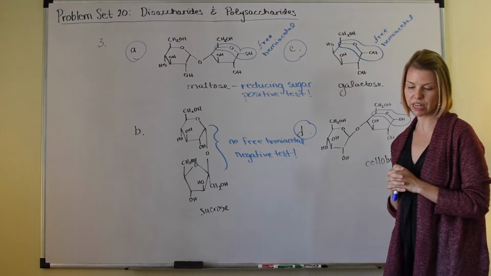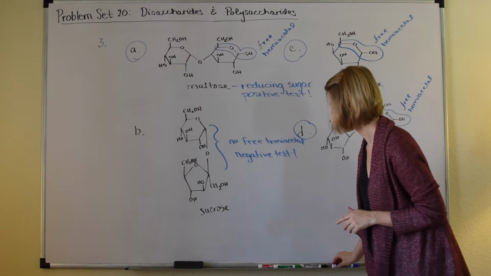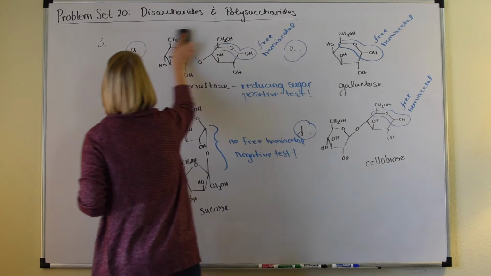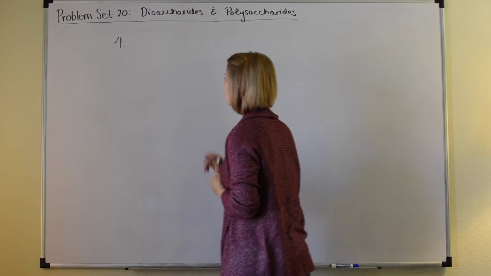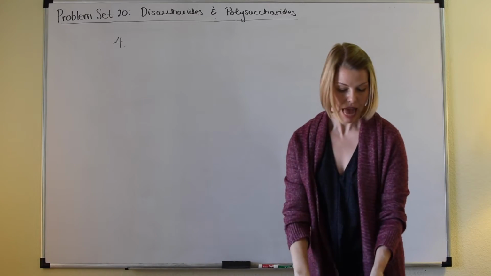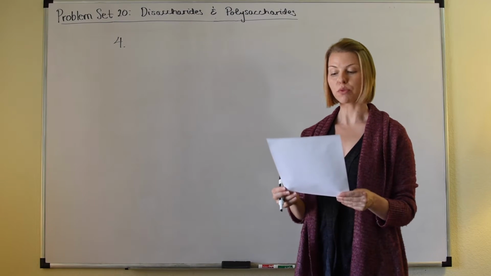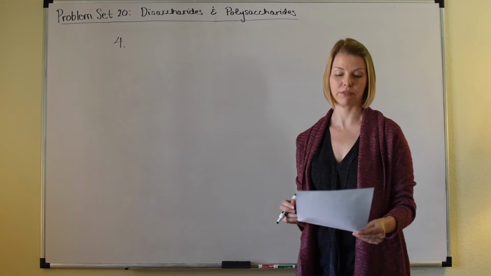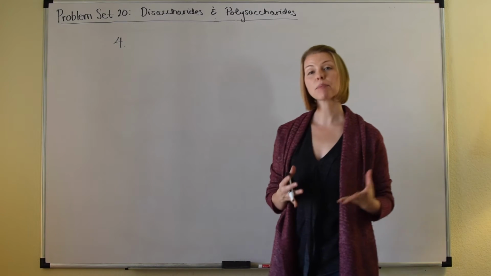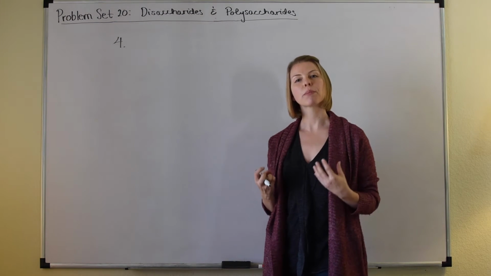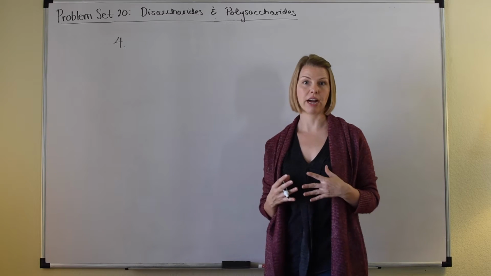Let's erase number 3 and go on to number 4. All right. Number 4, amylopectin and glycogen have very similar structures. Briefly explain how these two differ structurally. So amylopectin and glycogen, remember, they are both polysaccharides.